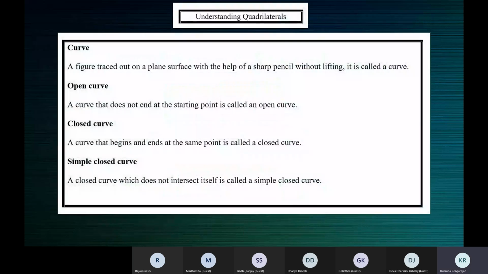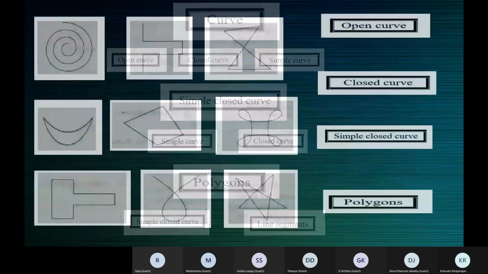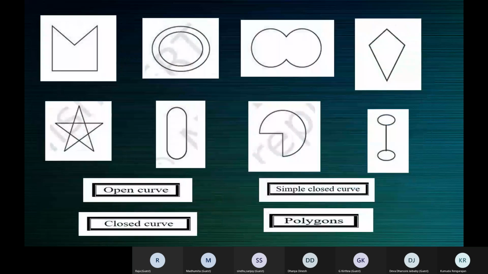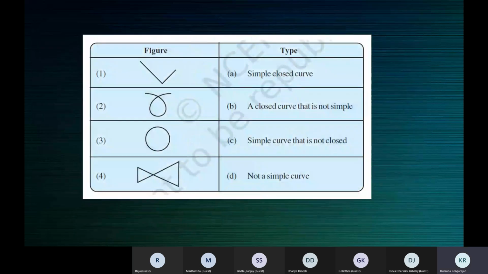This was the first slide. Now match the first column with the correct answers in the second column. I'll ask you now, don't give out the answers.